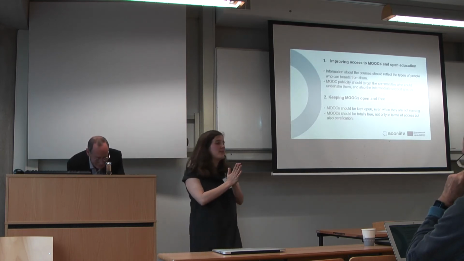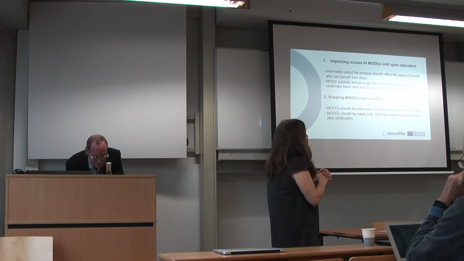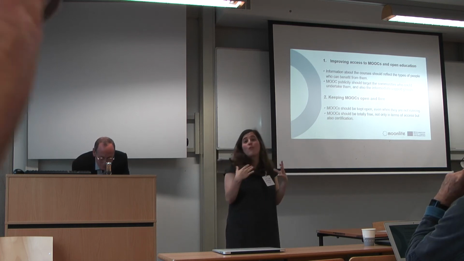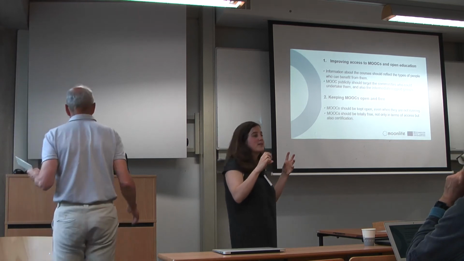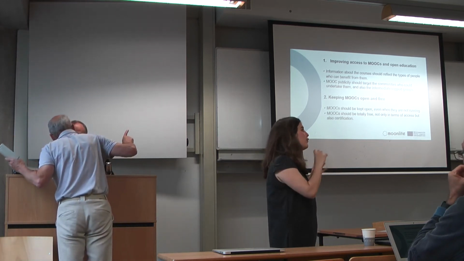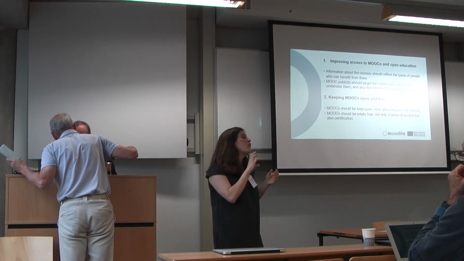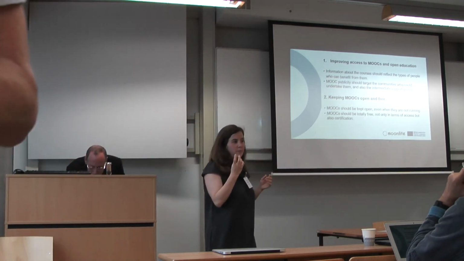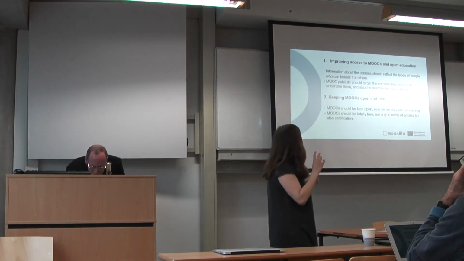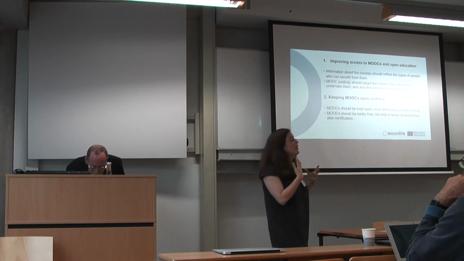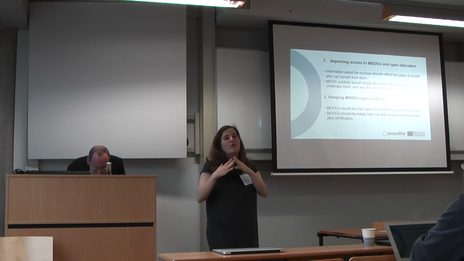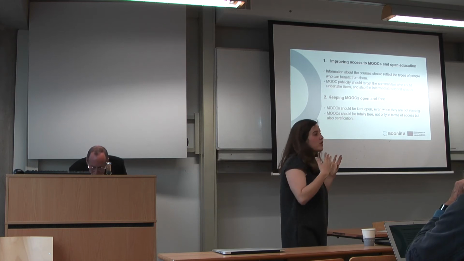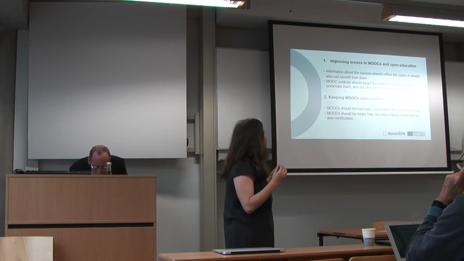Okay, so the first challenge that should be addressed is improving access to MOOCs and open education. Most MOOC providers and course aggregators put a lot of info on the courses, but it's still difficult for those who can benefit to know which ones are most appropriate for them. That's why information about the courses should reflect the types of people who can benefit from them, for example those who are unemployed, or refugees or migrants, because of their certification, for example.